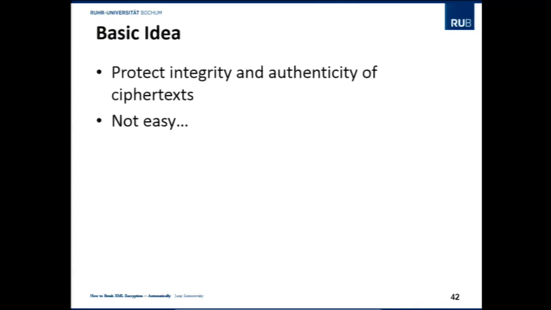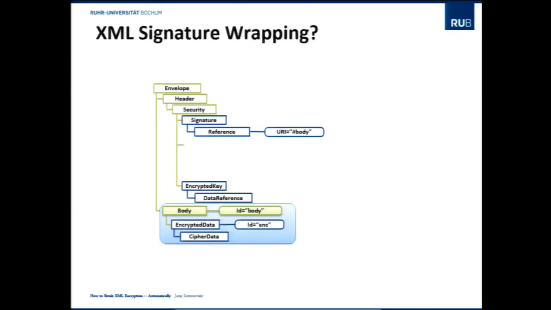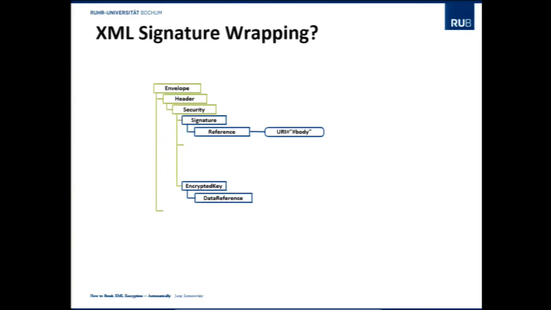Now let me give you an example of what could go wrong. The first problem is XML signature wrapping, as I already mentioned. Imagine we have this message, and in this message we have a signature which actually protects the SOAP body, which is encrypted. What the attacker can do is, for example, move the SOAP body to the security header.